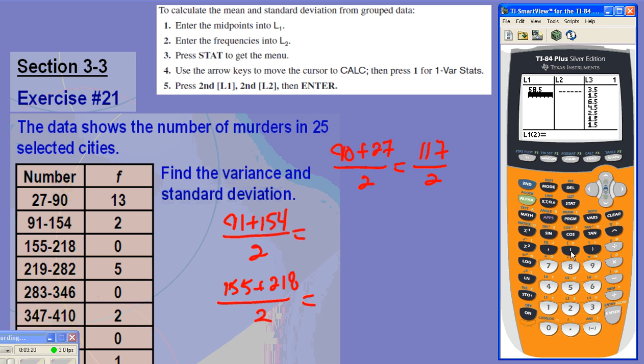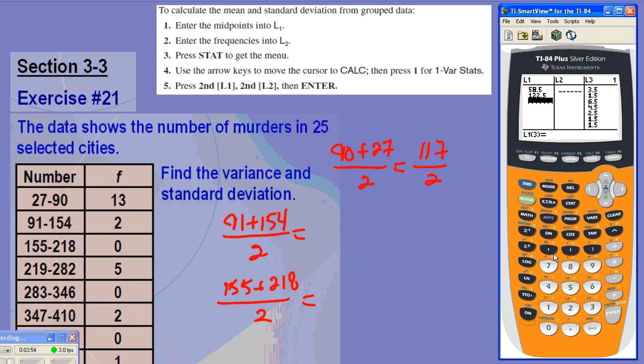Okay, so our next one was 91 plus 154. Now you notice it didn't matter whether I take the first number and add the last number to it, or take the last number and add the first number to it, because the point is I'm adding them together. So I take open parentheses, clear, open parentheses, 91 plus 154, close parentheses, divided by 2, equals, there we go.